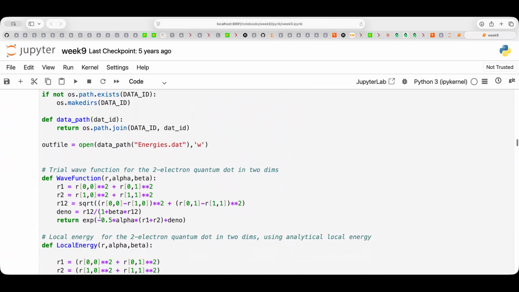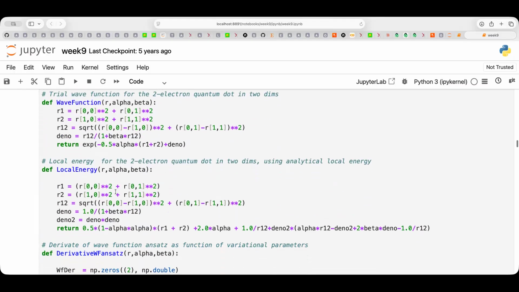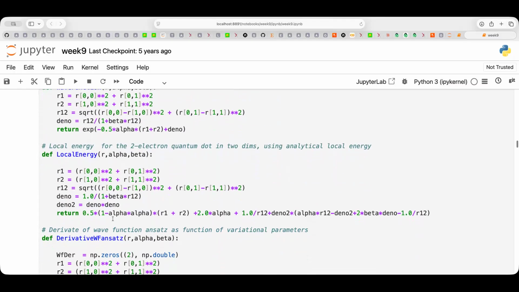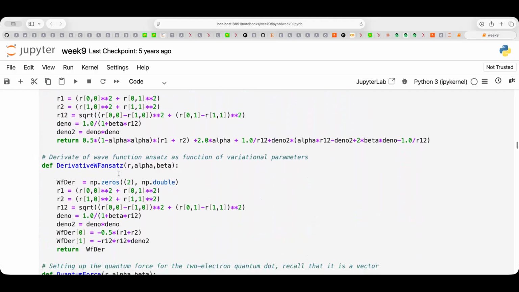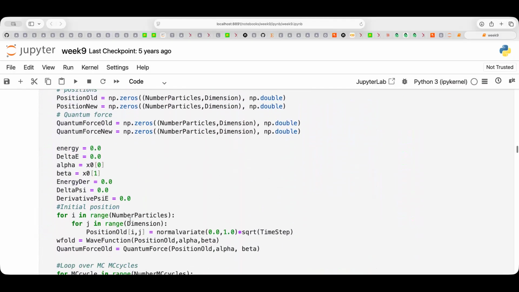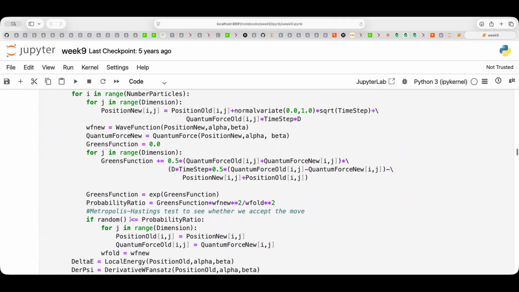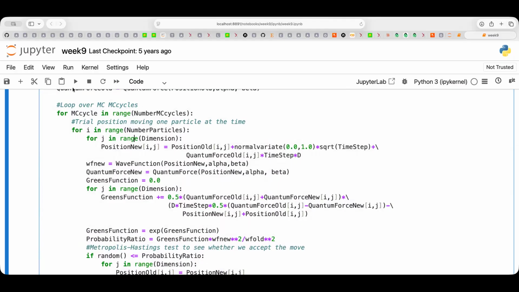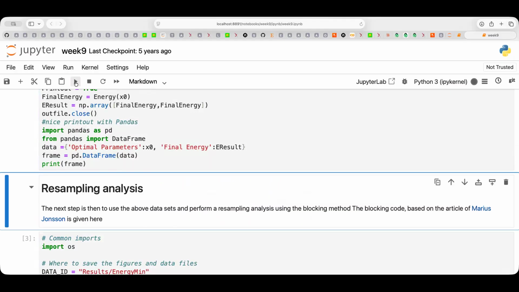In that case, the wave function has a single particle piece and a correlated part, which we call a Jastrow factor. We also have the local energy. We calculate the derivative of the wave function with respect to 2 parameters, alpha and beta. These are just the analytical expressions for that. I calculate the quantum force, and you have the energy derivative. This is something which we discussed in previous lectures.